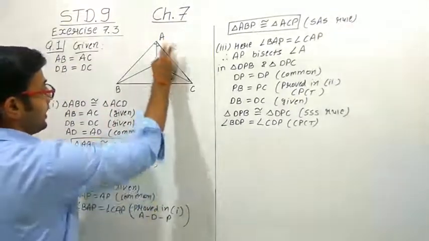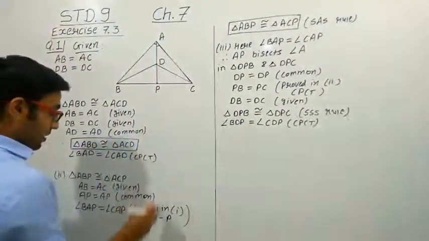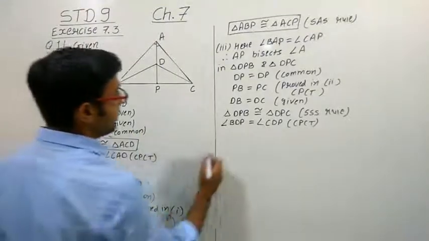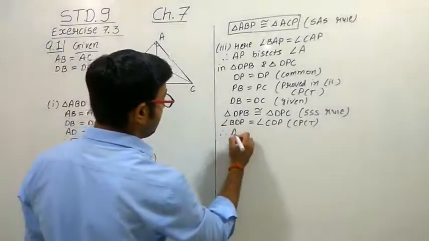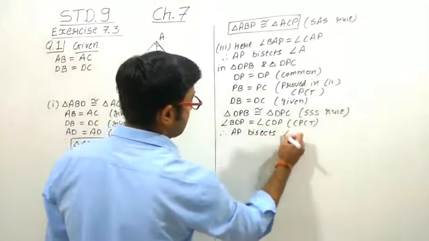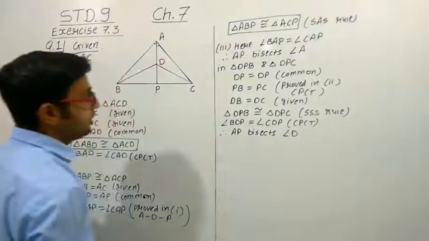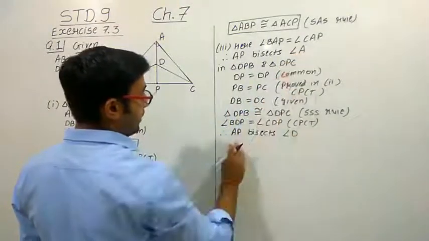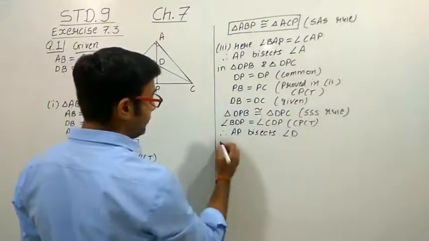DP, or we can say AP, because A, D, P are collinear. So here also we can write down that, therefore, AP bisects angle D. So the two things we had to prove: AP bisects angle A, that we have proved here, and AP bisects angle D, that we have proved here.